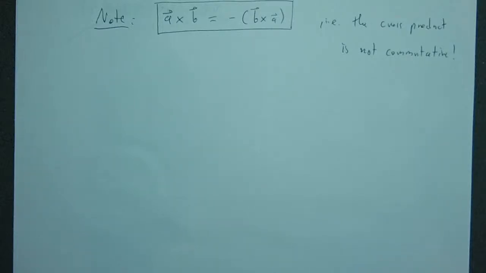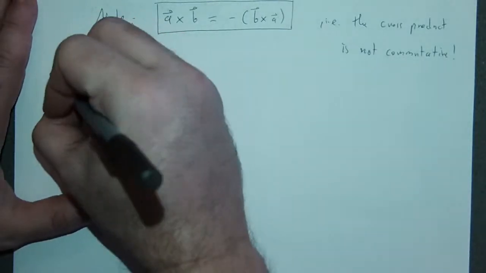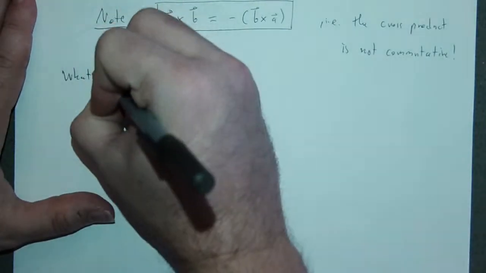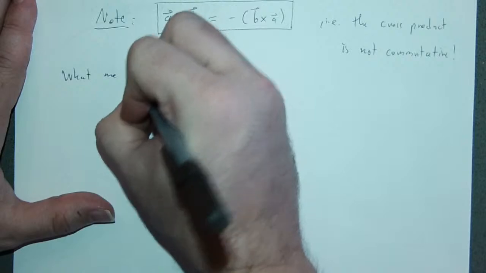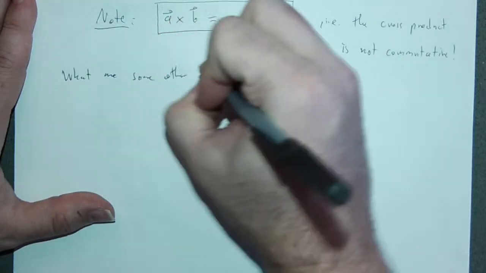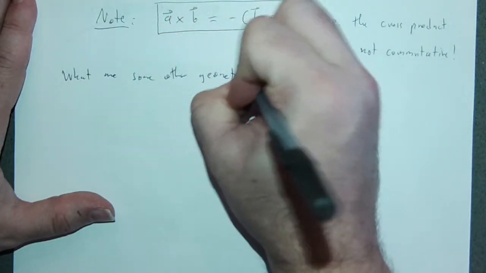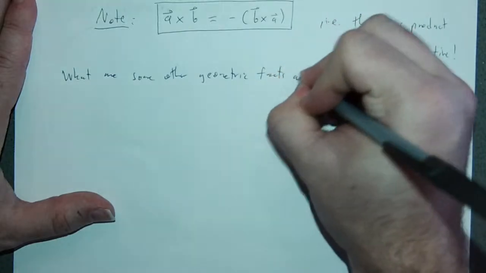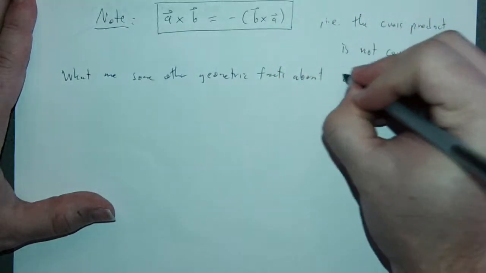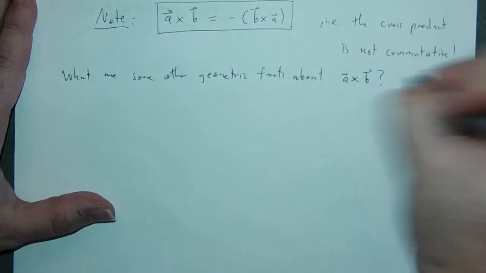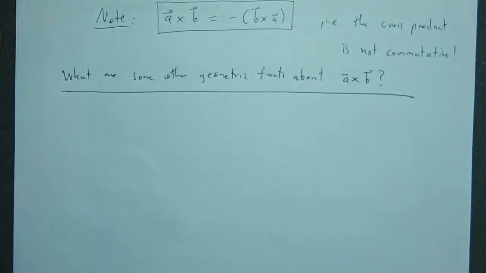Okay, now, what are some other geometric facts about the cross product that make it nice? Well, as we saw with the dot product, the dot product was intimately related to the notion of length. There was a clear relation between the dot product and the length of a vector.